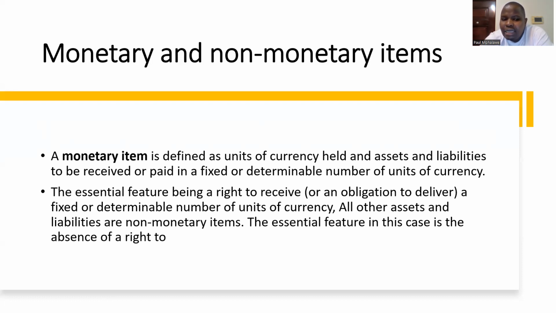All other assets and liabilities are non-monetary items. In the balance sheet, in the statement of financial position, the assets and liabilities are monetary items. So what rate are you going to use translating monetary items? Very important. Okay. The essential feature in this case is the absence of a right to use.